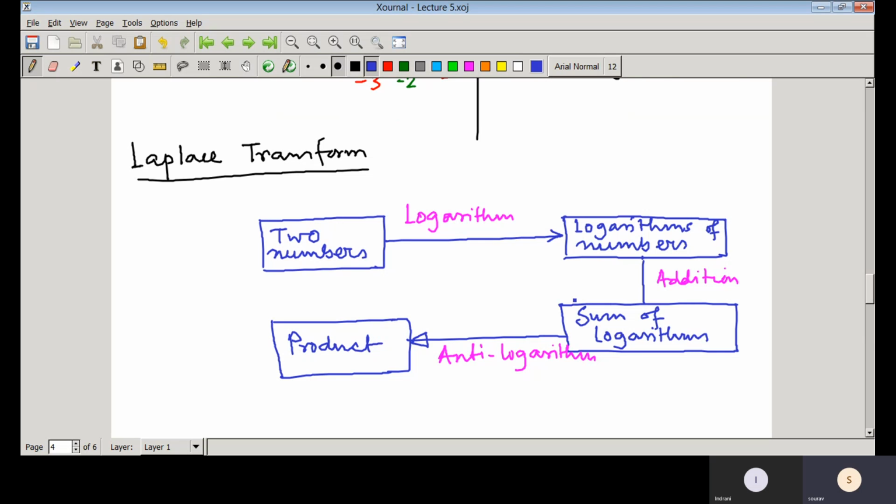So from this particular example, you can understand what we do in case of two simple numbers if we take that product. First, if you take that logarithm, it comes into addition form, and if you take the anti-logarithm, you will get that product. This product you can also get through direct classical methods, by direct multiplication.